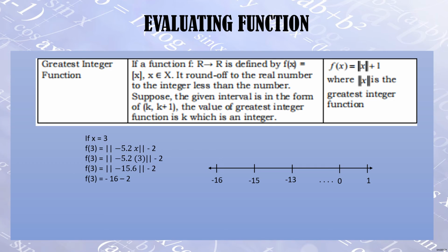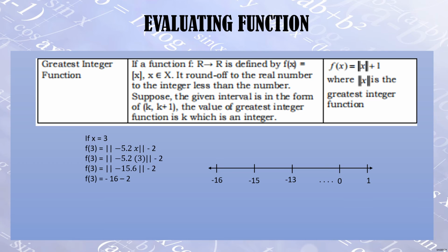So, we know that it lies between negative 16 and negative 15. The next step that we have to do is to identify sino ang mas mababa. And again, if you will go back sa number line natin, makikita natin na si negative 15 ay mas malapit sa 0.